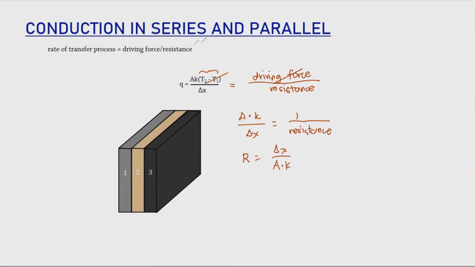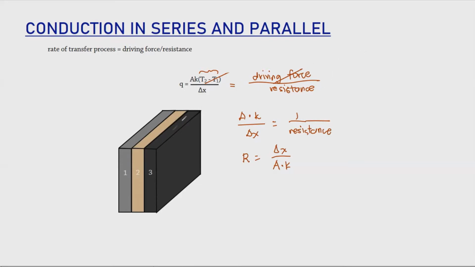When we say conduction in series, we are referring to conduction in which the slabs, or let's say any materials in arrangement, are adjacent to each other. In this case, these 1, 2, 3 slabs are adjacent to each other. So we call those materials in series, okay?